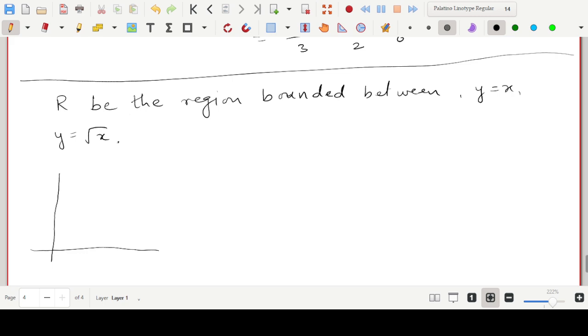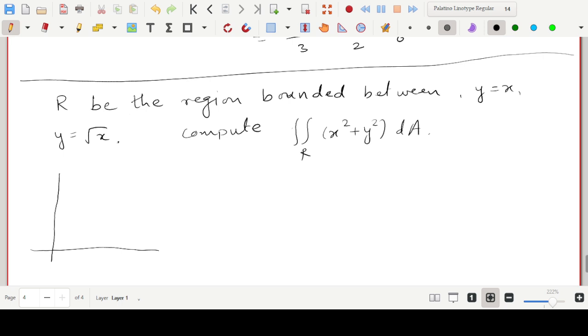Compute, let me write the function that we want to compute: x square plus y square.